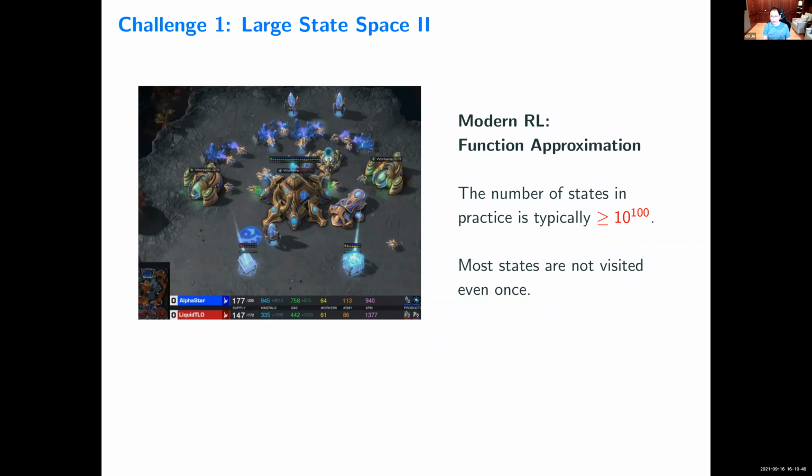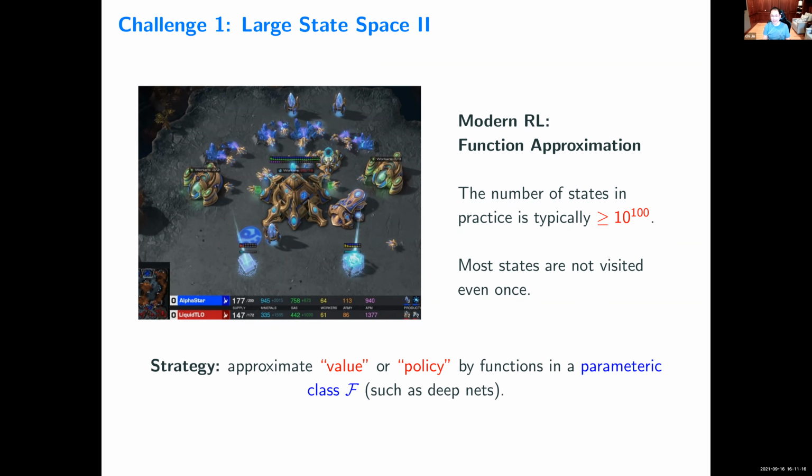So the number of states is actually huge. It's typically at least greater than 10 to the 100. And we clearly know that if we want to enumerate or go over all the states, that's not possible. Especially when we learn how to play StarCraft or do modern reinforcement learning applications, most states are not visited even once. So we clearly need a new mechanism to learn those kinds of reinforcement learning tasks.